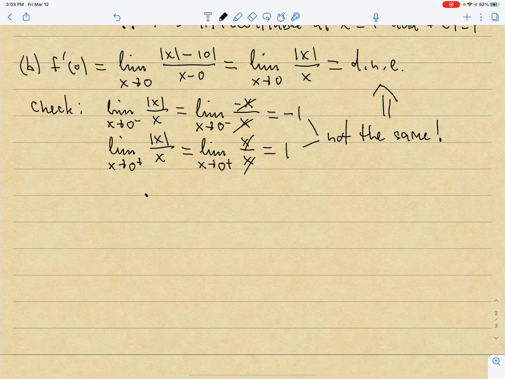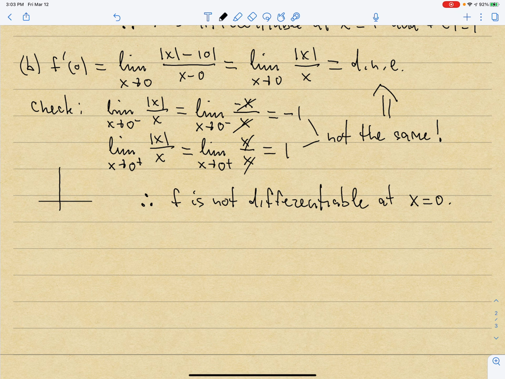And so the conclusion here is that f is not differentiable at x equal to 0. Right, and that's clear why it is so, because if I draw a simple graph of absolute value of x, then it has a corner at x equals 0.